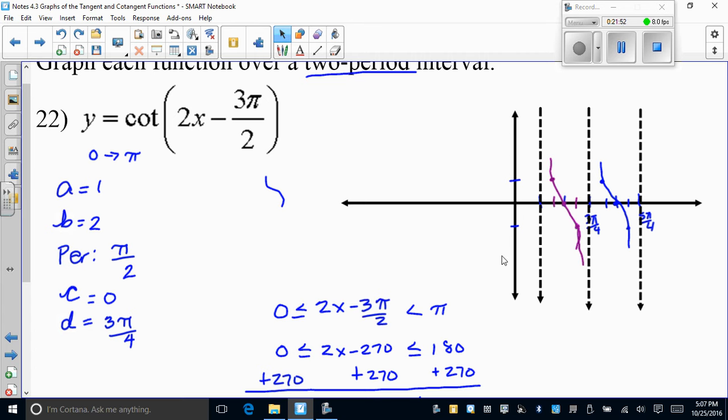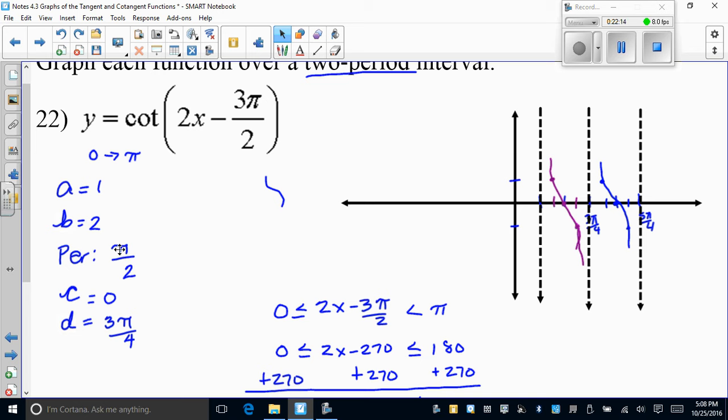So the blue one is the one they're asking you to do, but tangent and cotangent both just continuously repeat themselves every 90 degrees, or in this case, actually this was 90 degrees, normally every 180 degrees, but this one kind of got squeezed in. Okay, I believe we have one more.